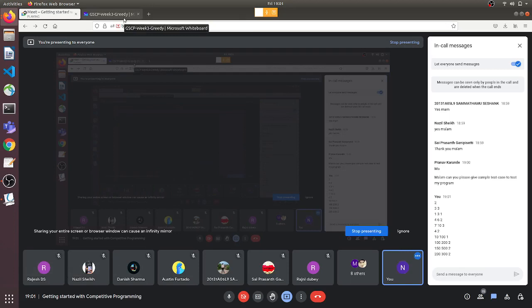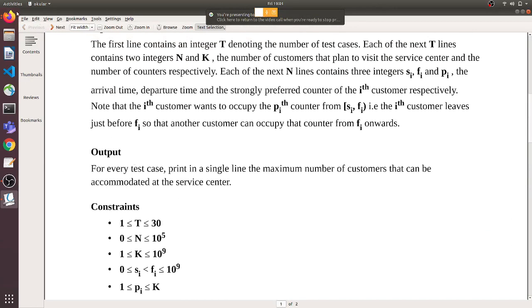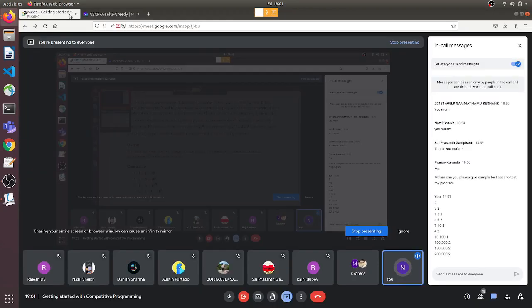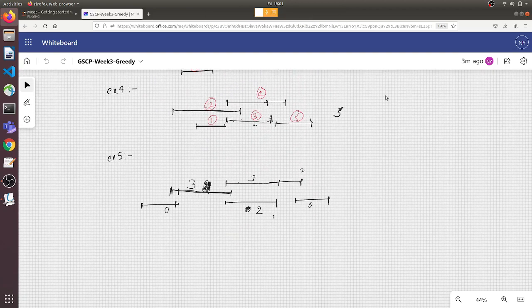Okay, so now let's relook at the problem. Instead of me going here and reading that, let's just use the whiteboard, I think it's easier to understand.